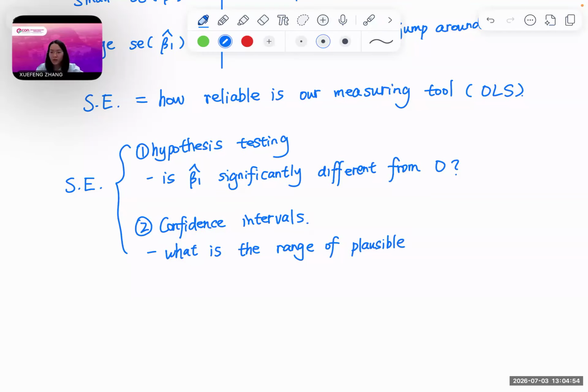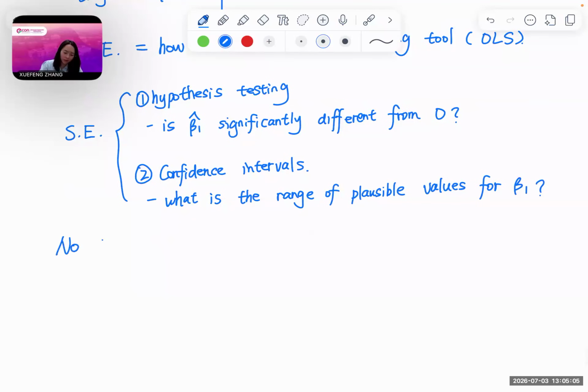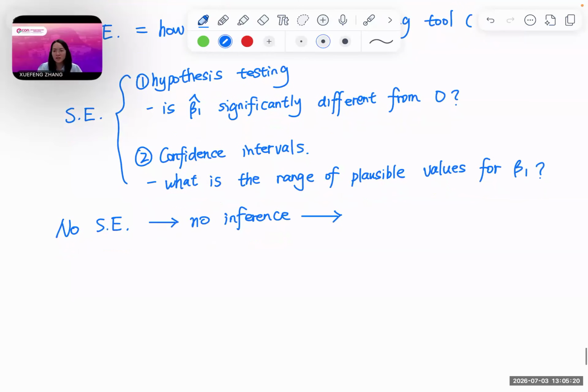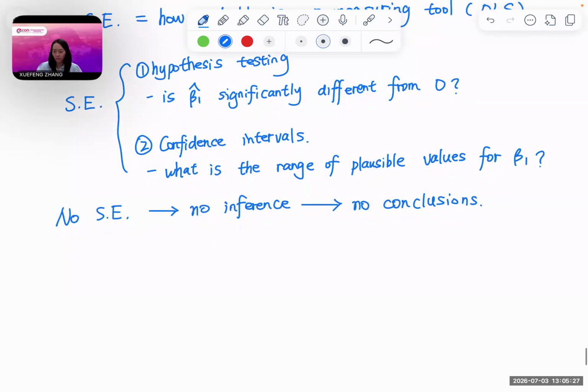If no standard error, no inference, and also if no inference, no conclusion.